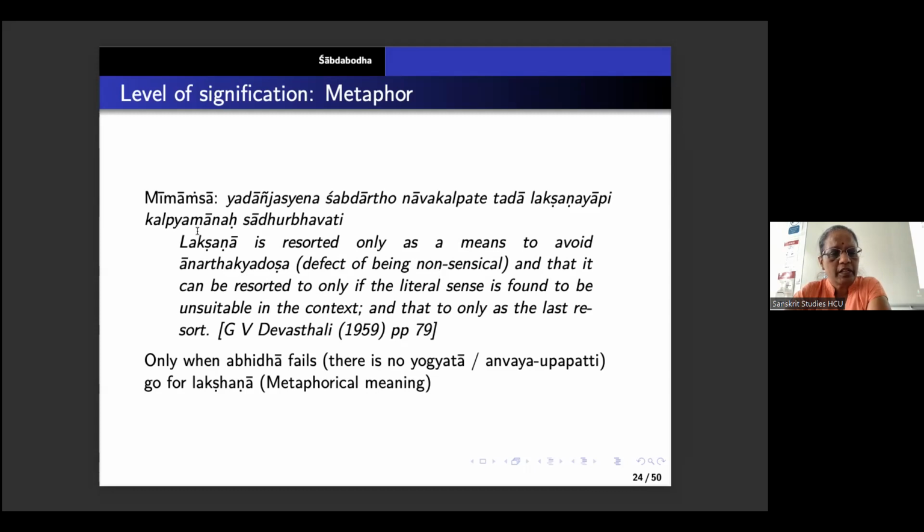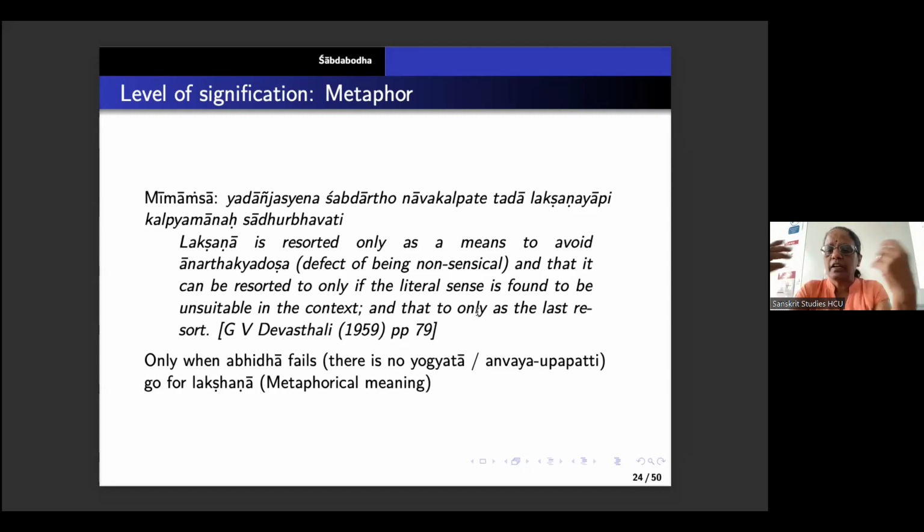So you accept this metaphorical meaning only as a last resort to avoid the sentence being nonsensical, and it can be resorted to only if the literal sense is found to be unsuitable in the context, and that too only as the last resort. So first you look at the sentence, see if the literal sense is meaningful. If the literal sense is meaningful, you will not go for the metaphoric usage.